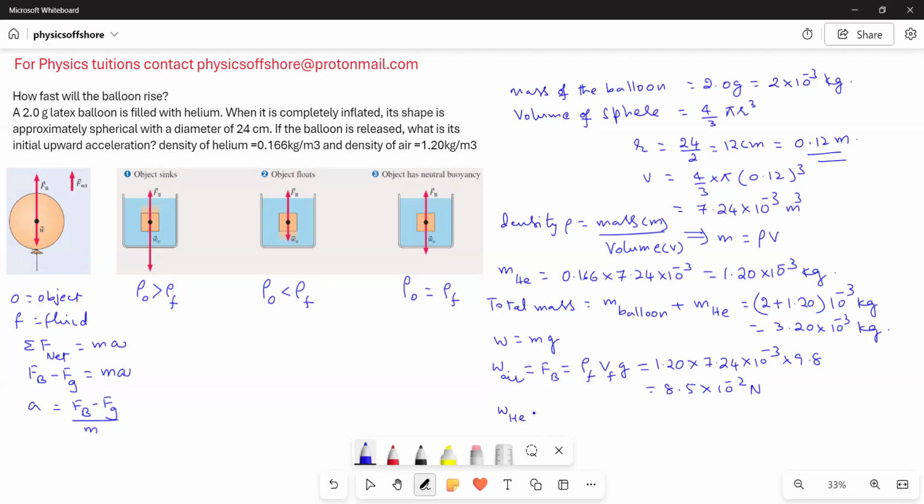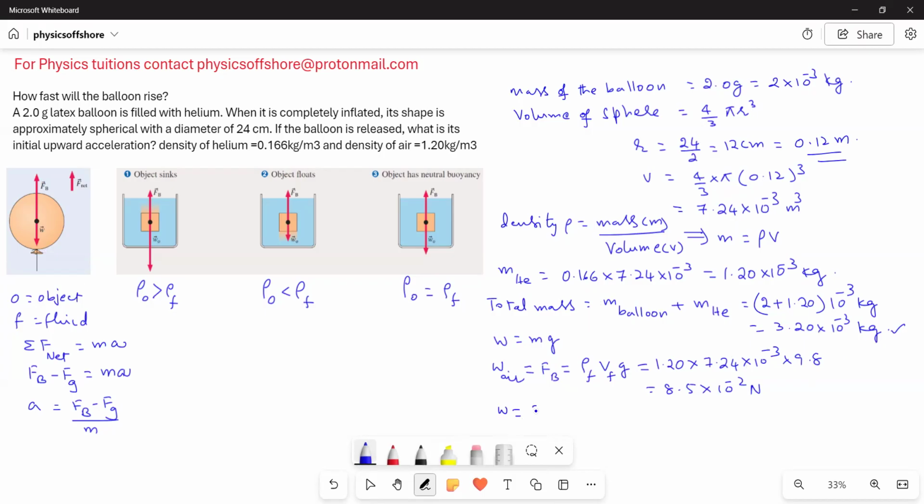Now I have to find out W. It is the total weight, and the total mass I already found out. Total mass times g gives W, acting downwards.